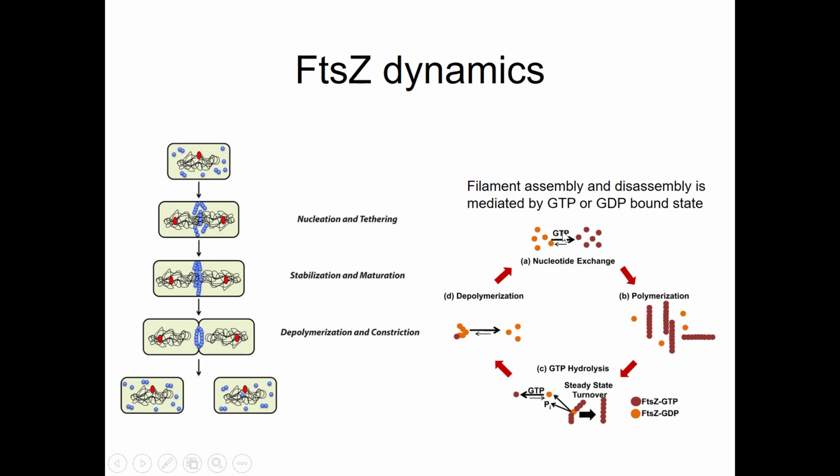So again, in the GTP bound state, this is the maroon circles, it can begin to polymerize. So this is important for this nucleation, the stabilization stages here. Once that ring is formed, it can start to hydrolyze the GTP, so hydrolyzing that last phosphate bond to GDP. And this causes depolymerization, which is then going to cause that constriction of that ring.